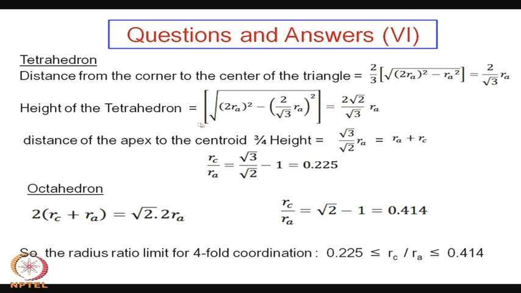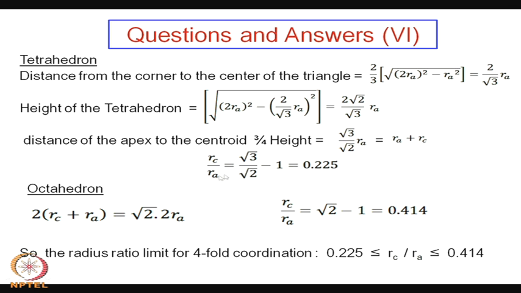The height of the tetrahedron will be this one, from the right angle triangle, the so-called Pythagoras theorem, and the distance of the apex to the centroid is 3/4 of the height, and that is already shown there. You will find this one from this one to this one, 3/4 of this value is this one, and then it will be equal to RC by RA.